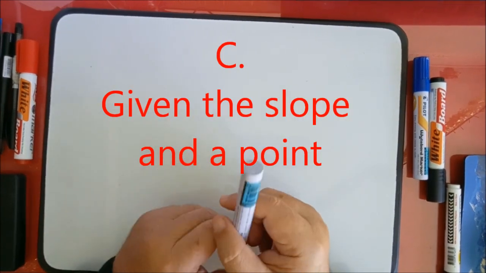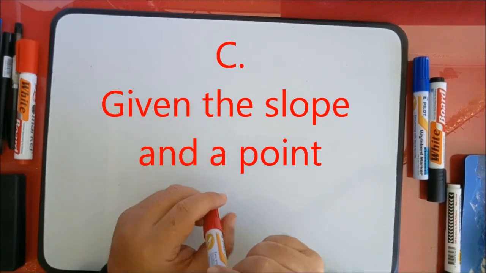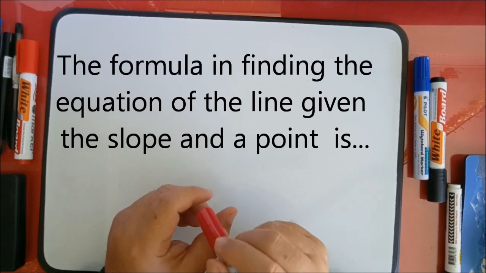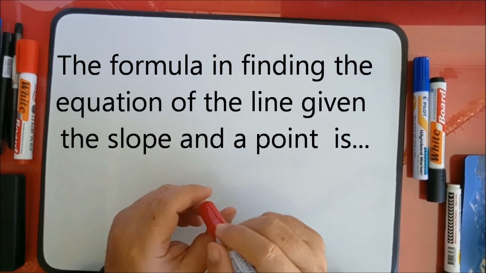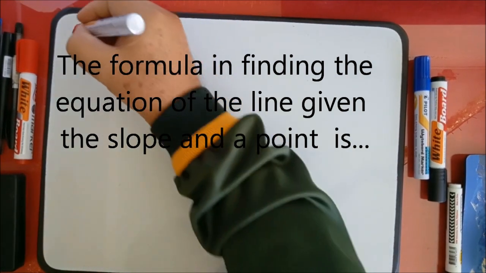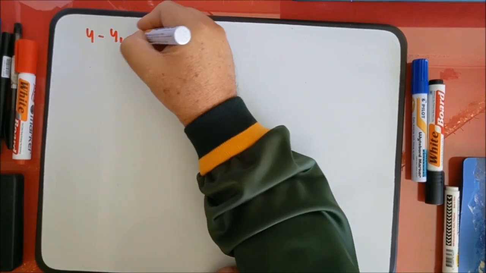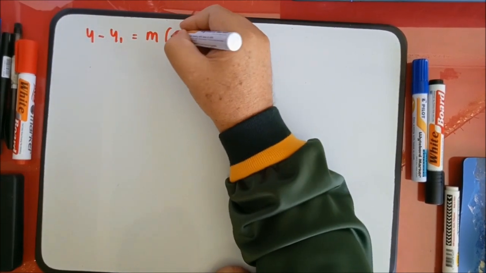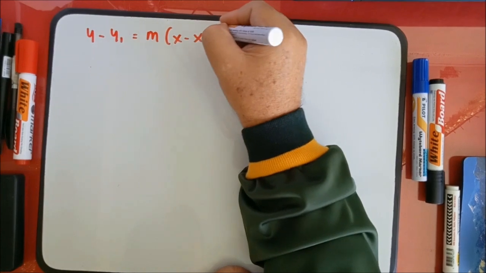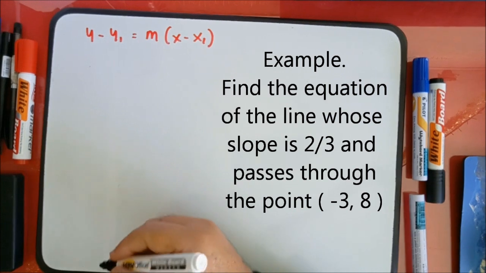Okay, another one. Given the slope and a point. Okay, the formula in finding the equation of the line, given the slope and the point, is y minus y sub 1 is equals to m times x minus x sub 1. Ito yung formula. Let's try.